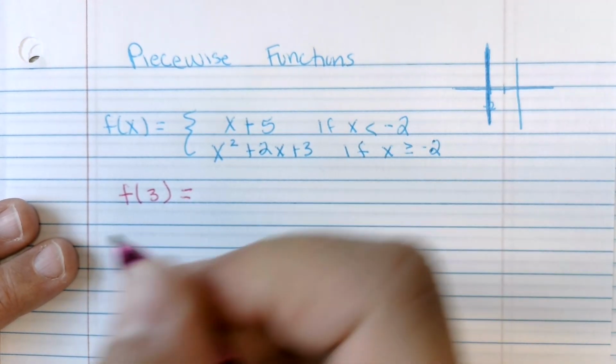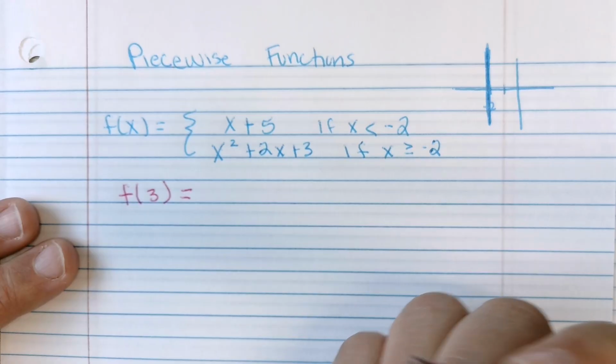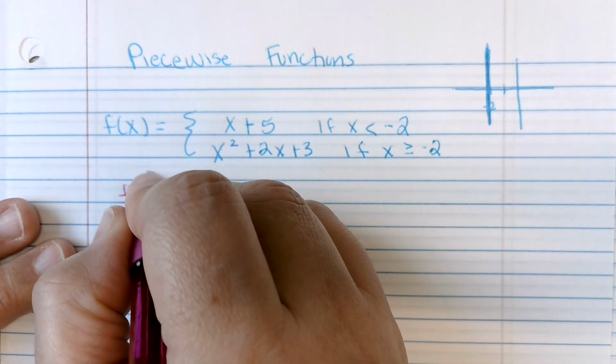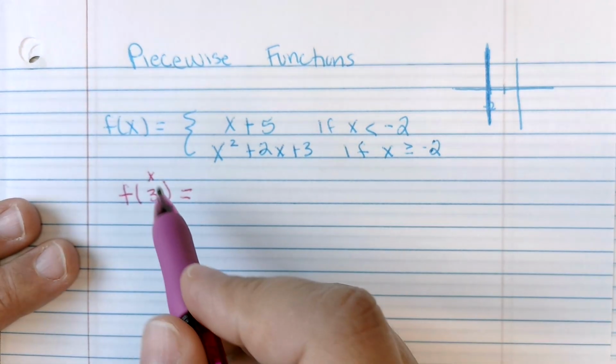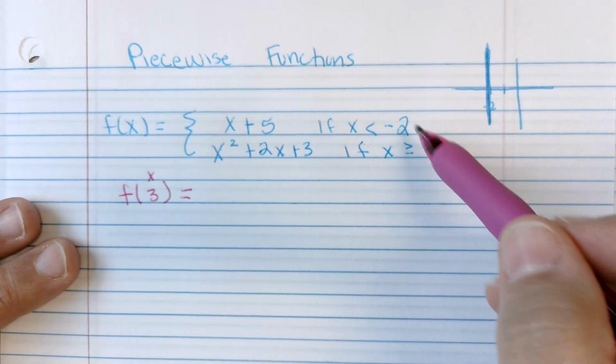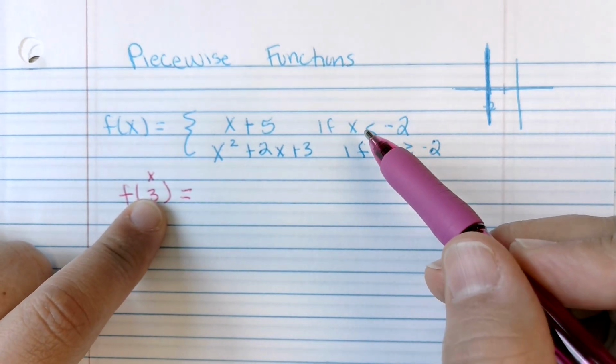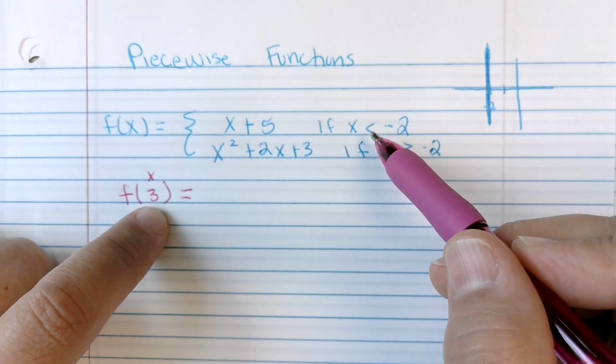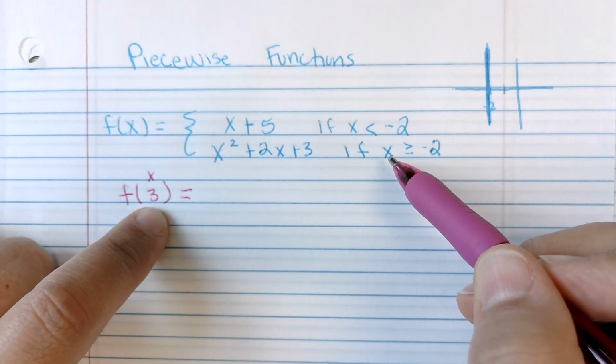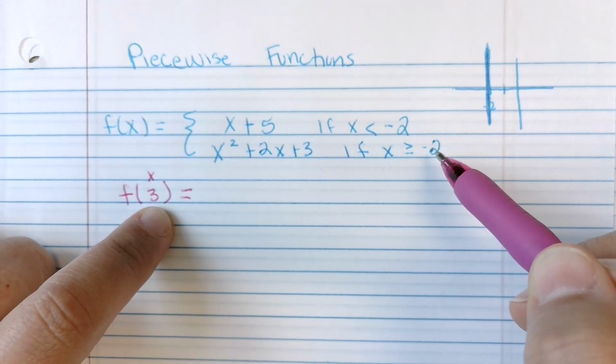What you're going to do, sorry, I have the hiccups, is this is x. So we're going to compare this x to our domain. So we're asking ourselves, is 3 less than negative 2, or is 3 greater than or equal to negative 2?